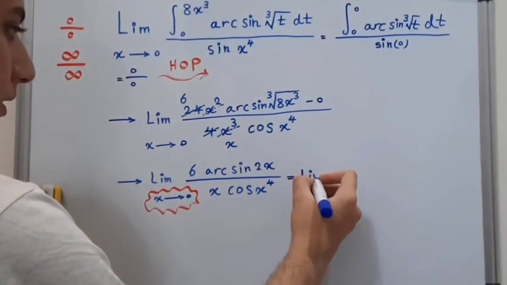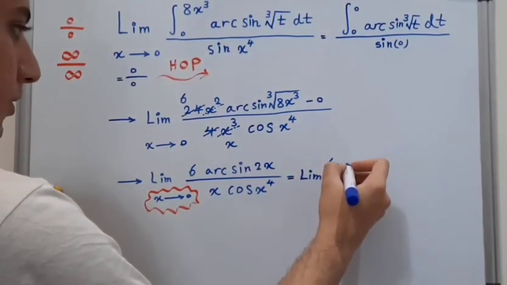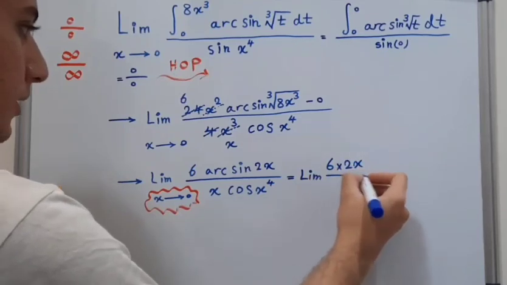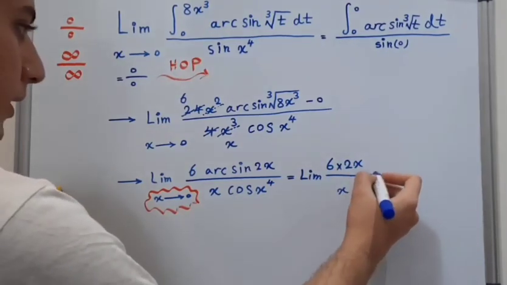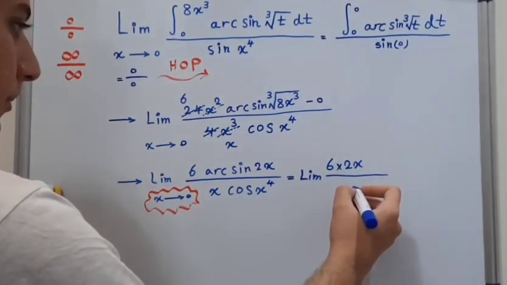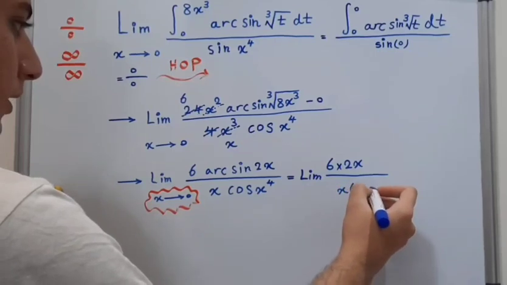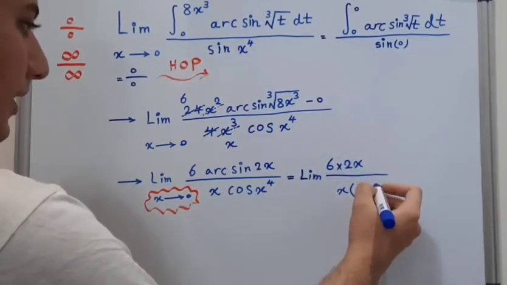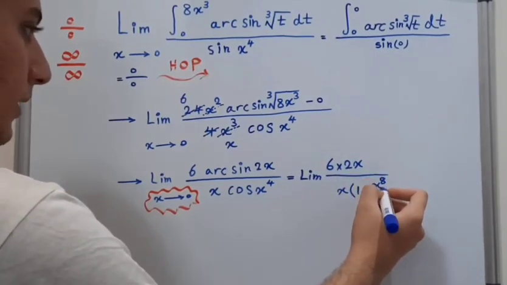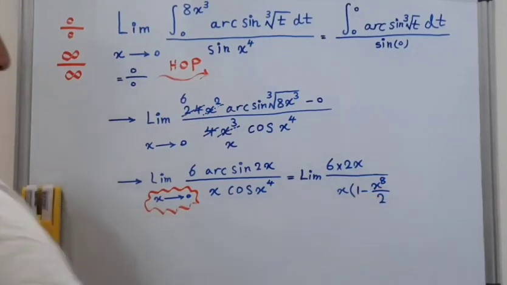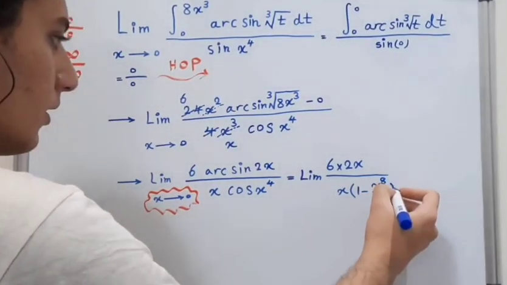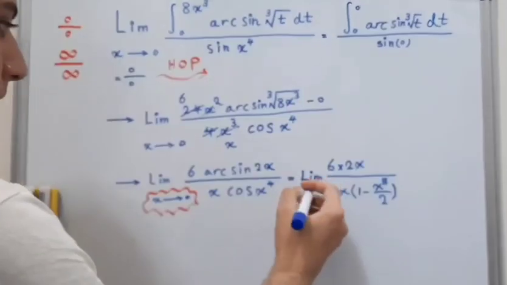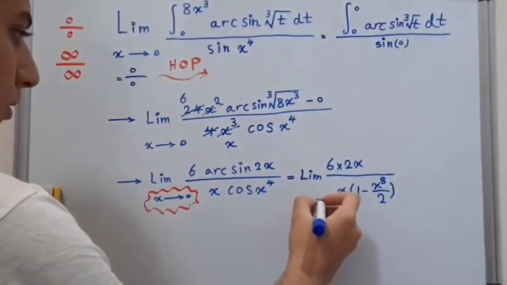The limit of 6 multiplied by 2x over x multiplied by 1 minus x to the power 8 over 2 factorial, that is 2, and x approaches 0 again.